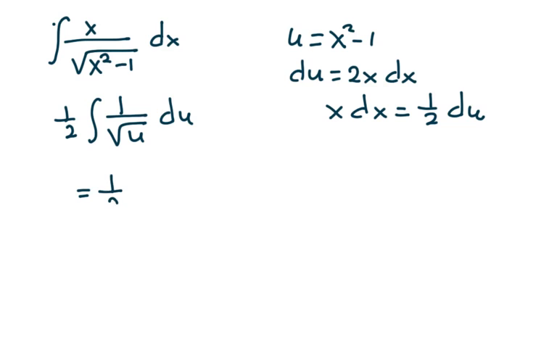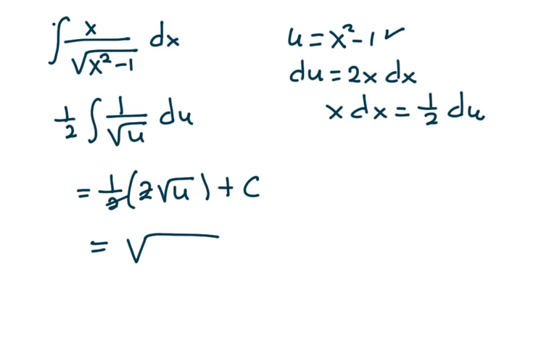But this is 1/2 of, I claim this is 2 square root of u plus c. But u is x squared minus 1. So the 2's cancel, and you get the square root of x squared minus 1 plus c. So that's how you take the antiderivative of x over the square root of x squared minus 1.